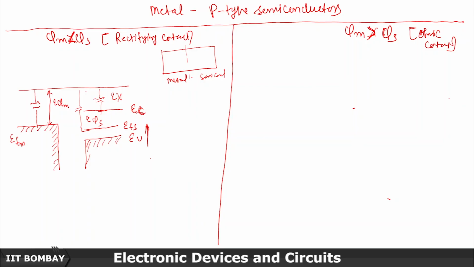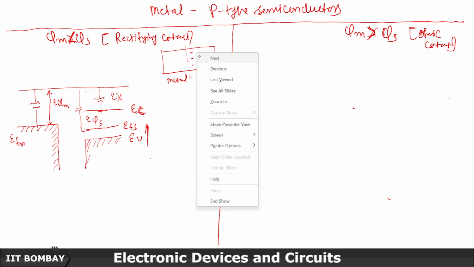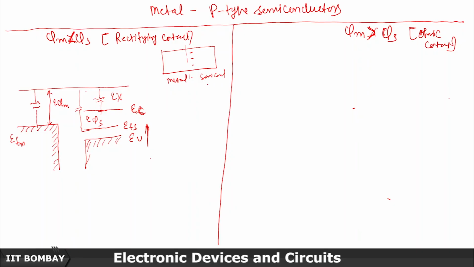So electrons can easily move from metal to the semiconductor, and this will attain the negative charge, and this will be depleted because this is p-type. So holes will be depleted in this region because electrons have come and recombined with them, and charge is negative because electrons have been absorbed. Here it will be positive charge.